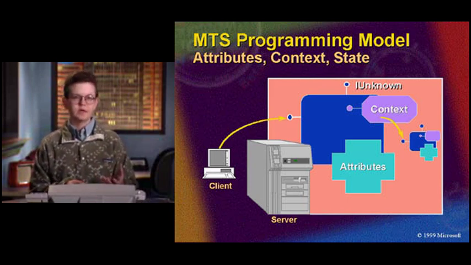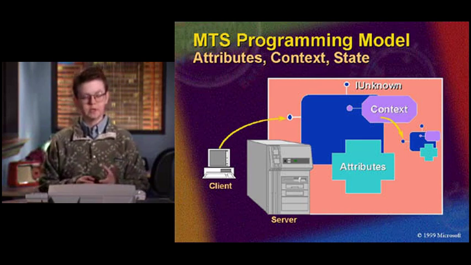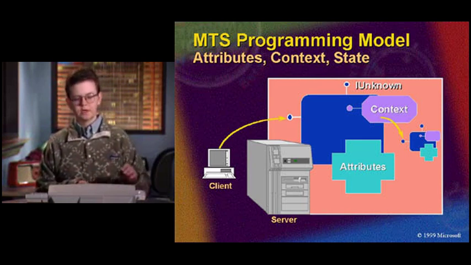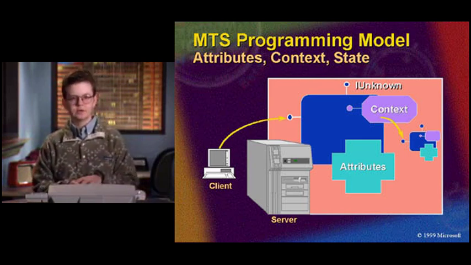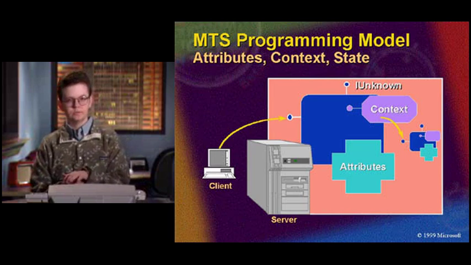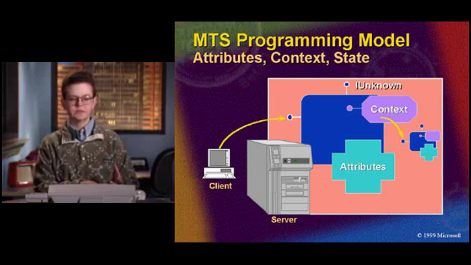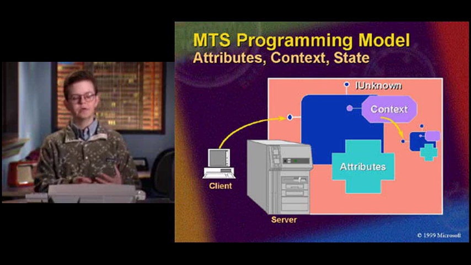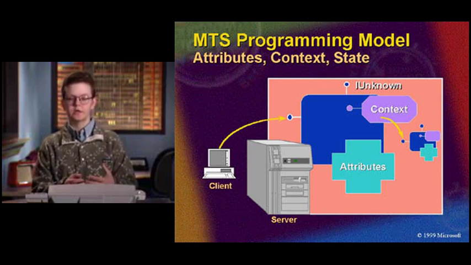If you then create a sub-object from a given object, we do the same thing. We look at the attributes on the newly requested object, and we look at the context information for the current object, and we combine those to create a context for the new object.